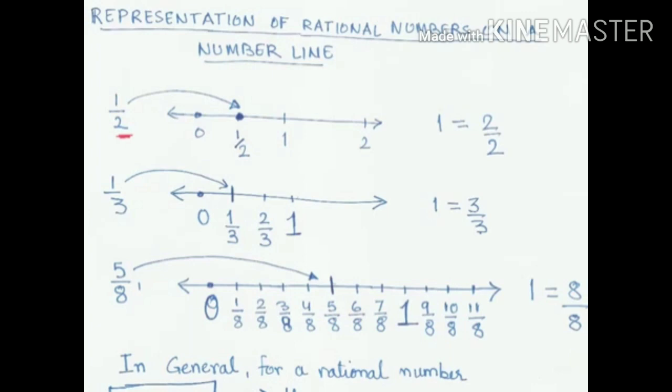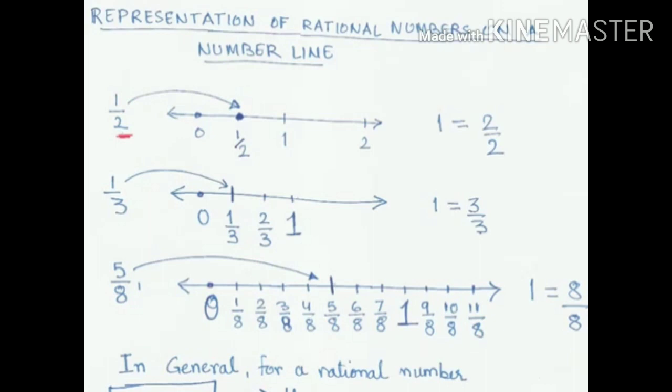So what we do is very simple. Between the points 0 and 1 on a number line, we divide this distance in two equal parts. Now, if you remember, this 1/2 is a fraction, and a fraction simply says parts of a whole. So when I say represent 1/2, it means represent one part out of two parts.